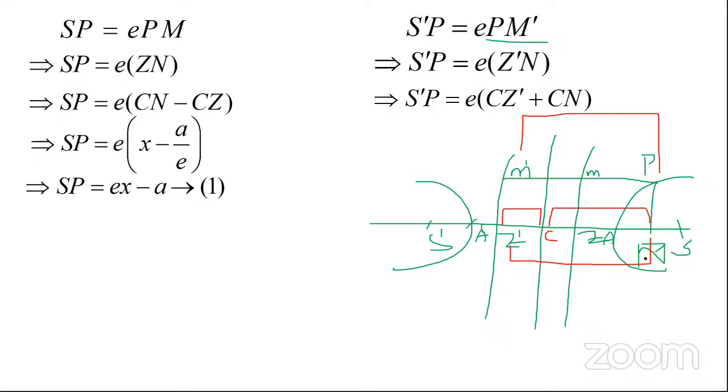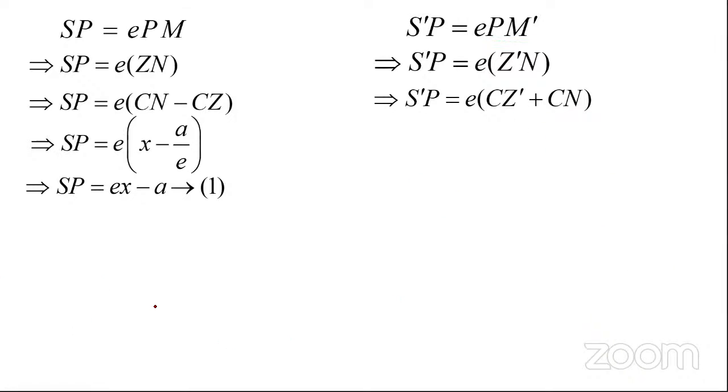This is the total length of Z'N. Then CZ' is nothing but x, and the CN value is x, and CZ value is a by e. So CZ' value is a by e.